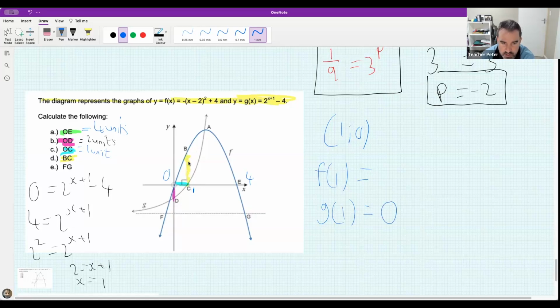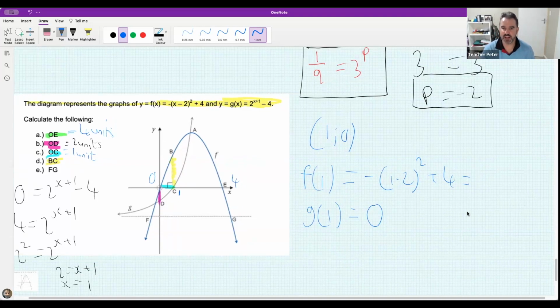When you put 1 in, you get 0. So really, you want to figure out what the f of 1 is. What is the value of the function f when x is 1? And to do that, all I need to do is evaluate that. And what do you get when you evaluate the f of 1?